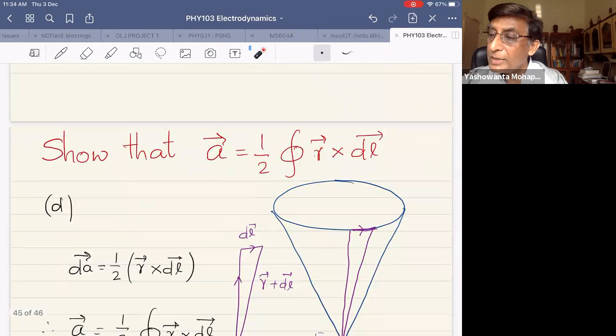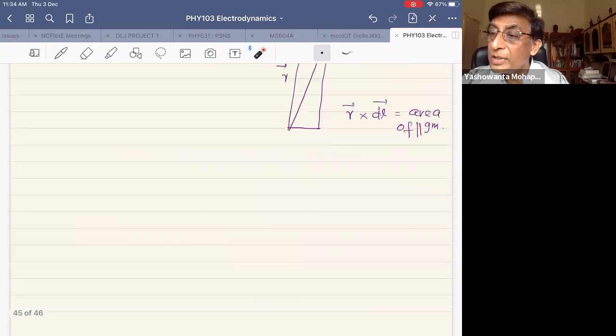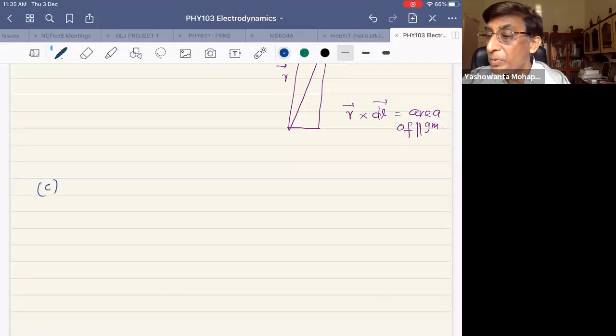Okay, there is a C part also. Let me first do that. The C part is: if they have the same boundary. Suppose there is one curve with a boundary, and there are two surfaces.